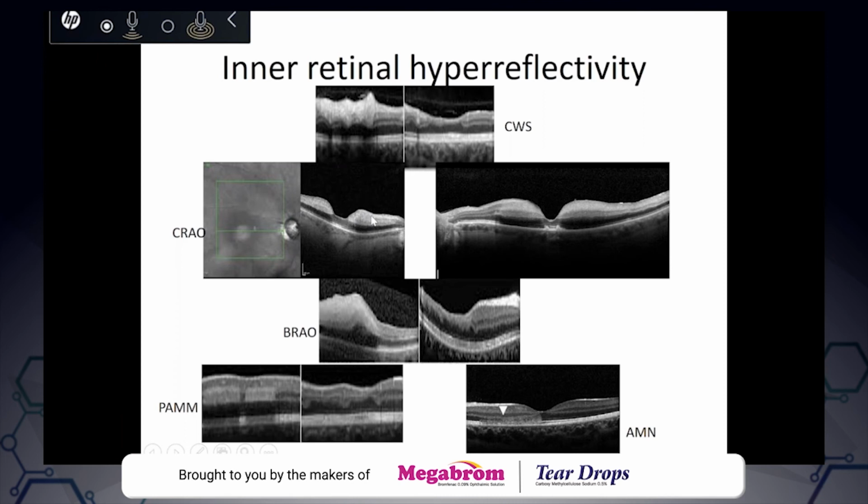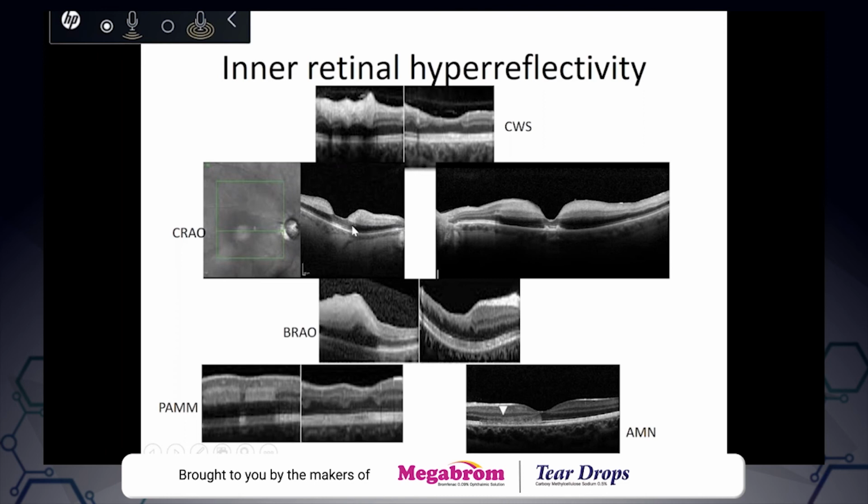But when you take OCT, you will see this hyperreflectivity is persisting. So this will give you an excellent idea whether that was a CRAO or not. Because after 2 weeks, a little bit of reperfusion may occur, the cloudy swelling will reduce, your cherry red spot may disappear, but this OCT finding may not disappear until around 1 month.